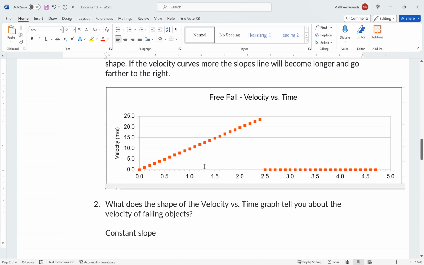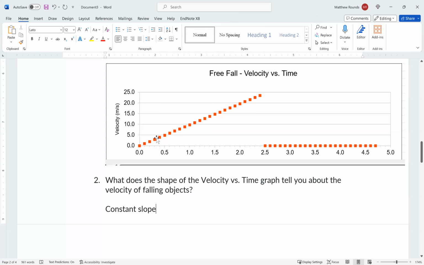It didn't matter for question number two, it didn't matter what height we had, it always had a line that went up and to the right. That's constant slope. So you have to incorporate that word into your answer here. And you can basically just say the shape of the velocity versus time graph always has constant slope.